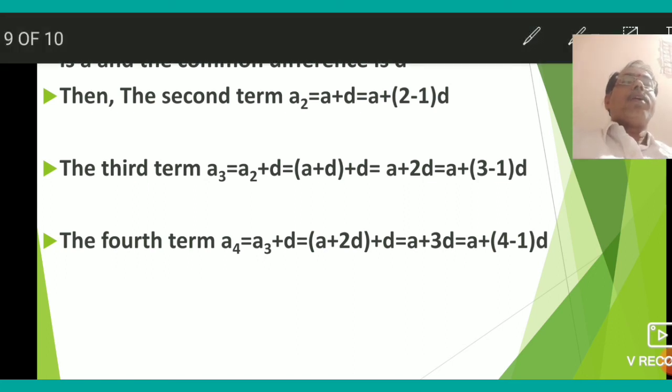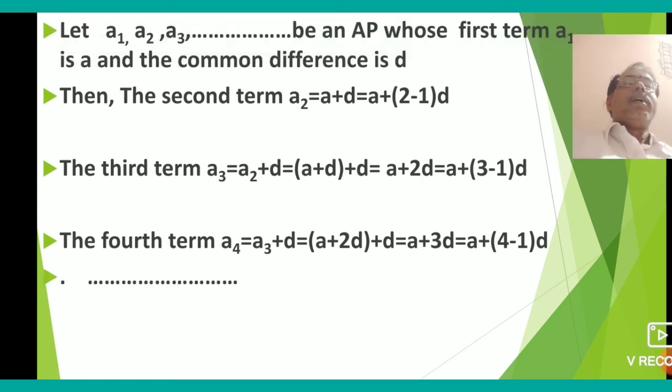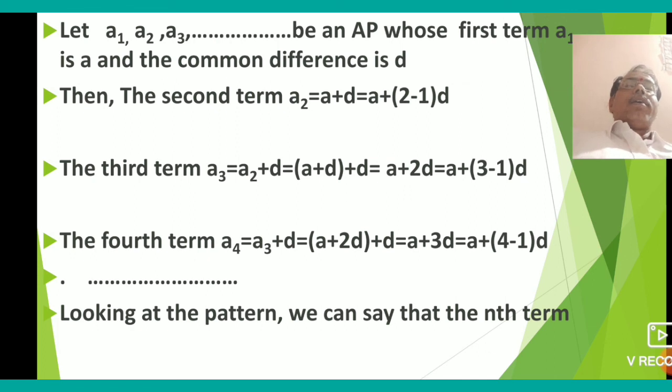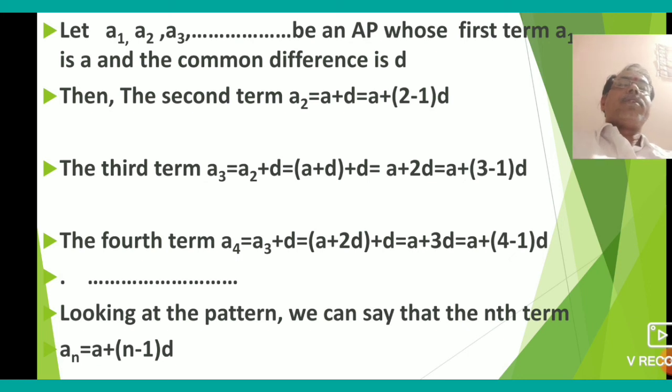So up to so on we can write. Looking at the pattern, we can say that the nth term An is equal to A plus n minus 1 into D. See children, here An is equal to A plus n minus 1 into D. See the coefficient of D here: n minus 1.